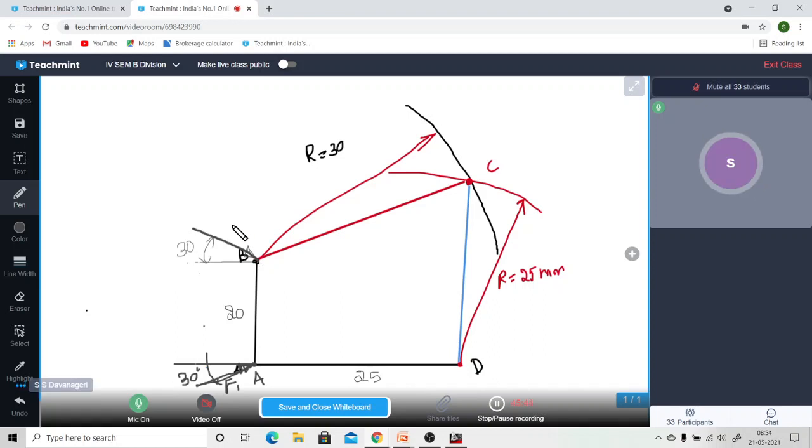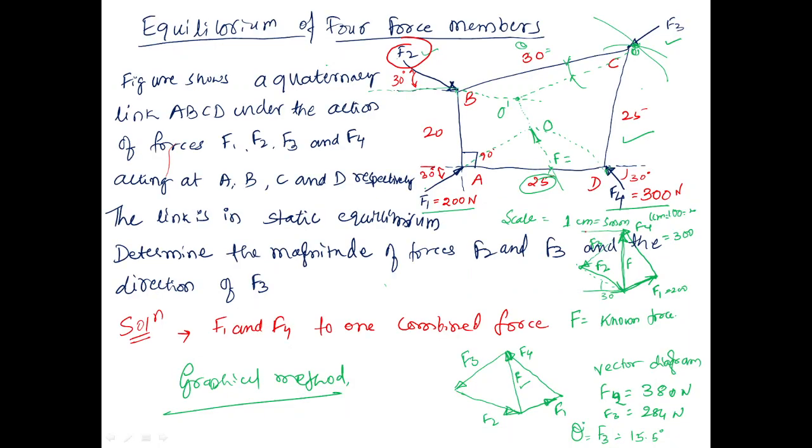This is F2. Next, F4 is given, its direction is given as well as its value.